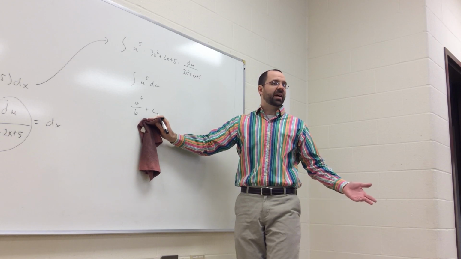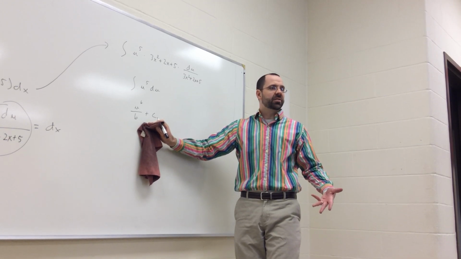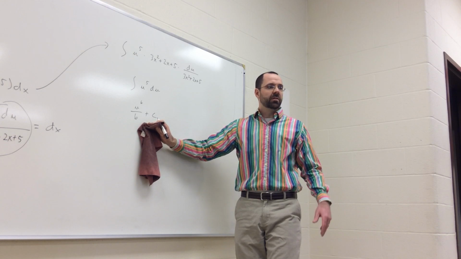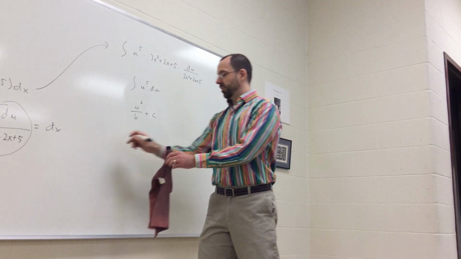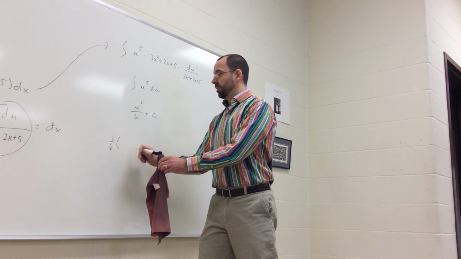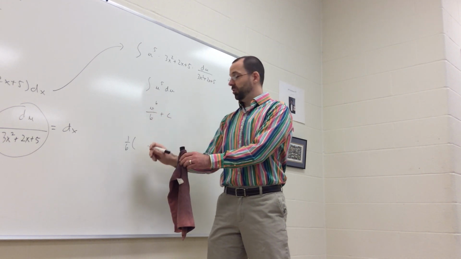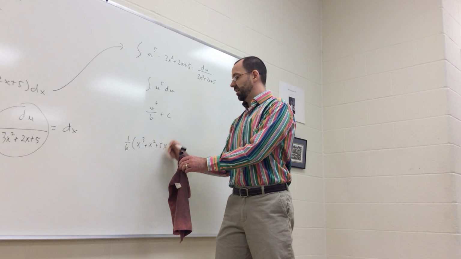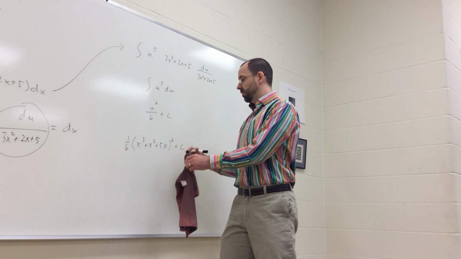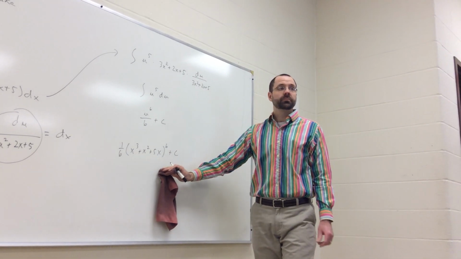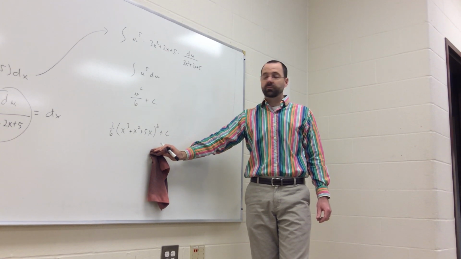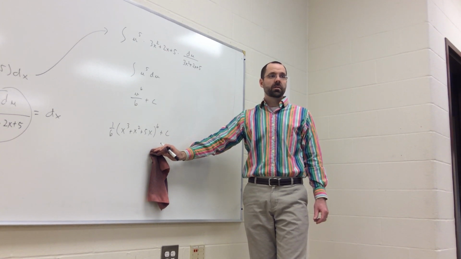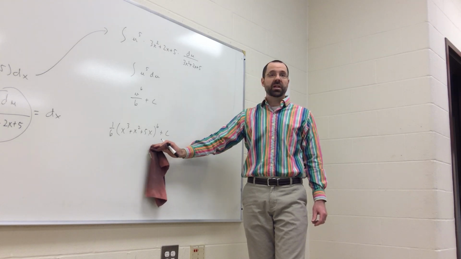But the original problem had x's in it, so my final answer should have x's in it. So for my final answer, I'm going to write 1/6. That was u to the sixth, but u is x cubed plus x squared plus 5x. So then that's my antiderivative.